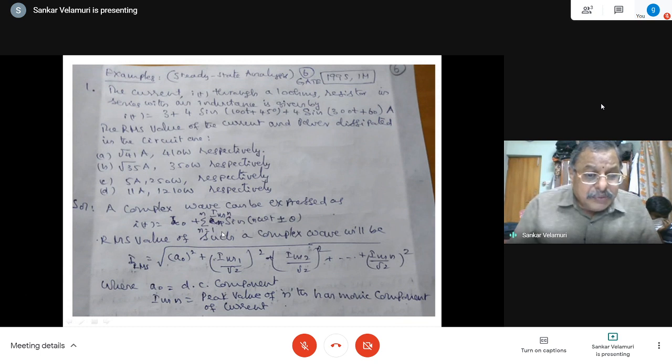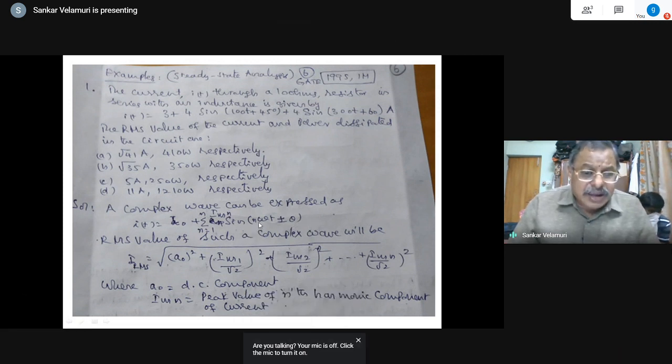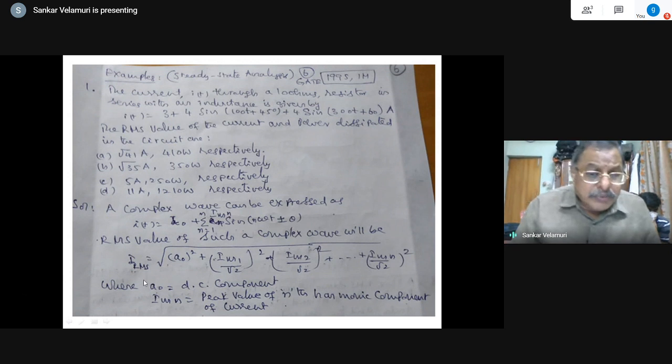So plus the sum for n equal to 1 to n of Im into sin(n omega t plus or minus theta), where theta is the phase difference. So n equal to 1 is the fundamental, and omega t is some angle. Similarly, n equal to 1 implies the fundamental component, n equal to 2 the second harmonic, and so on. So this is the RMS value of the fundamental component of the current.